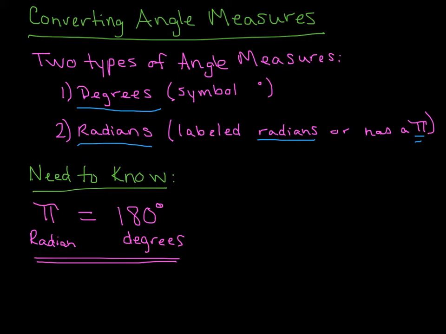Pi is the same thing as 180 degrees. I know you're used to pi being the same as 3.14, but it's not in this case, because we're talking about the measure of an angle. We're not talking about the area of a circle or finding radius or anything like that. So pi is equal to 180 degrees when we're talking about angle measures.